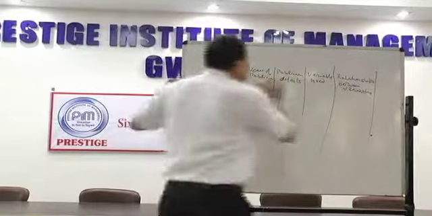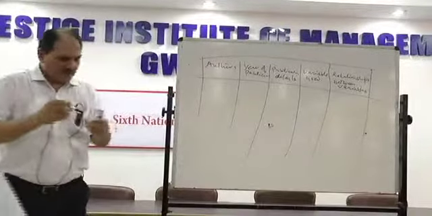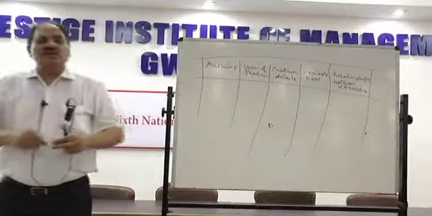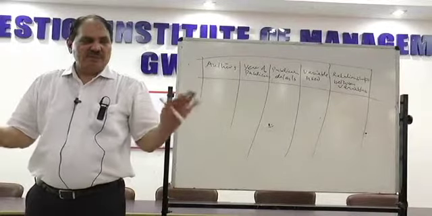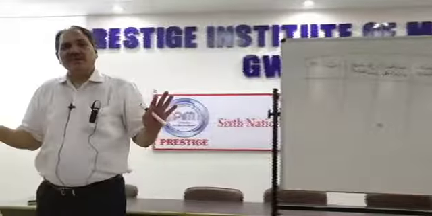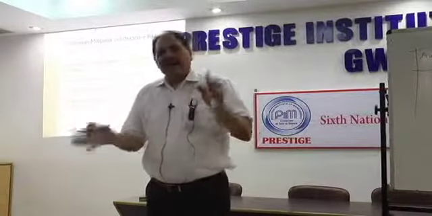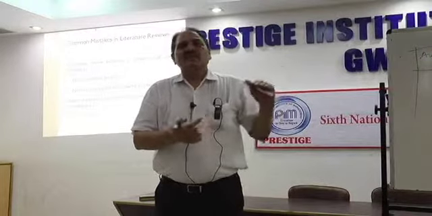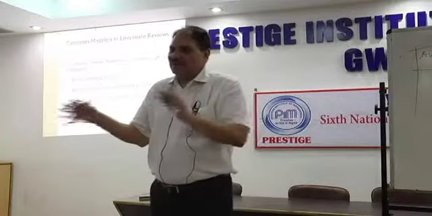Now, suppose your study is to evaluate antecedents to customer loyalty. Right? Now, there are 7-8 variables under antecedents and 1 variable, customer loyalty.